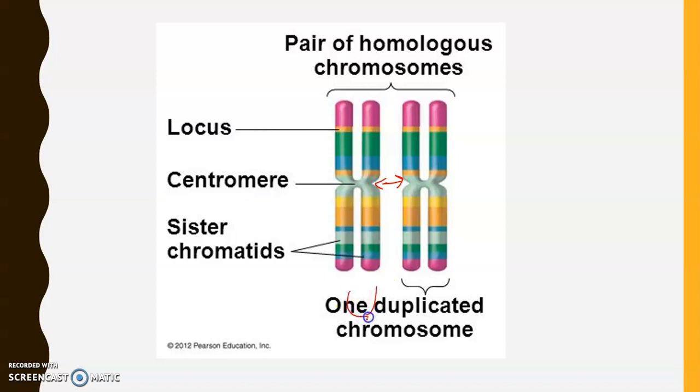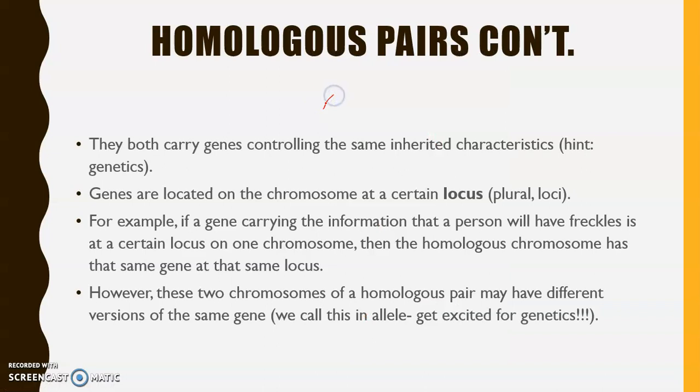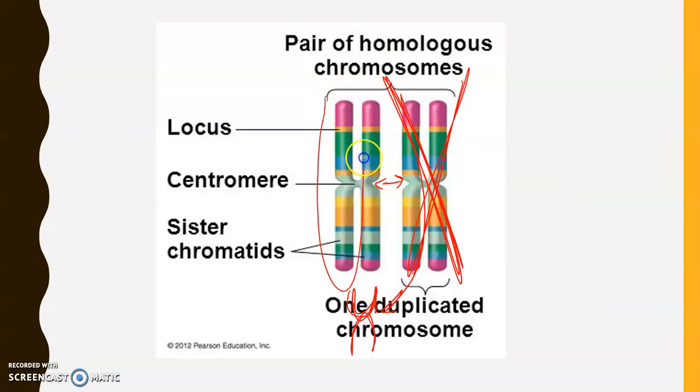So I'll draw in another one just for fun. Pretend like this guy is not here and he's actually moved to right here. So when these guys separate during anaphase of mitosis, you're going to get one of these, and you're going to get one of these, right? So that would be this guy right here. You're going to get one of each.